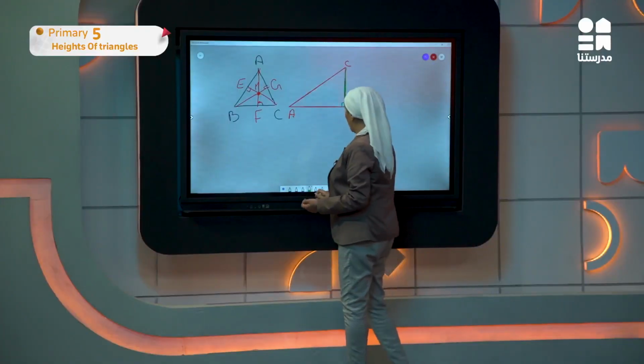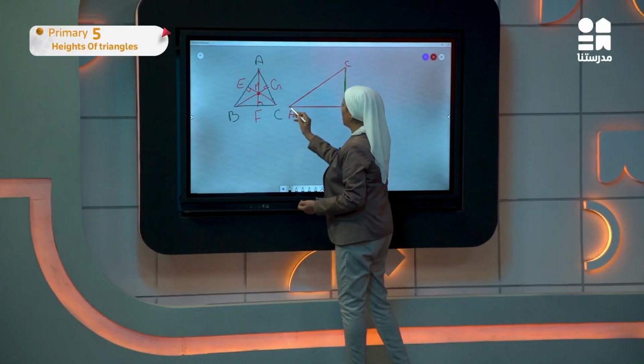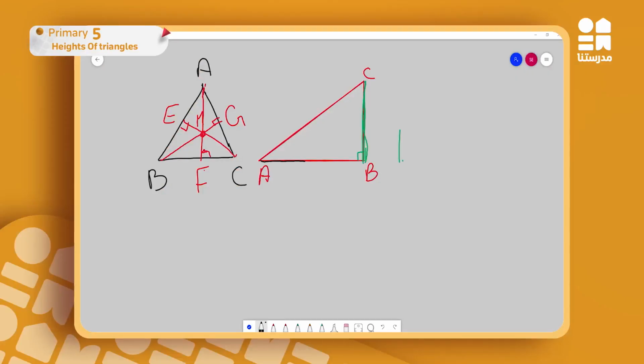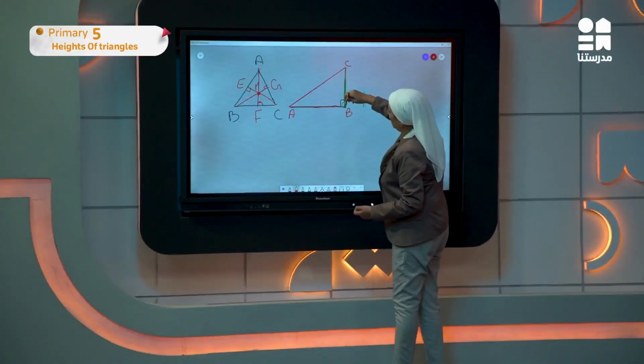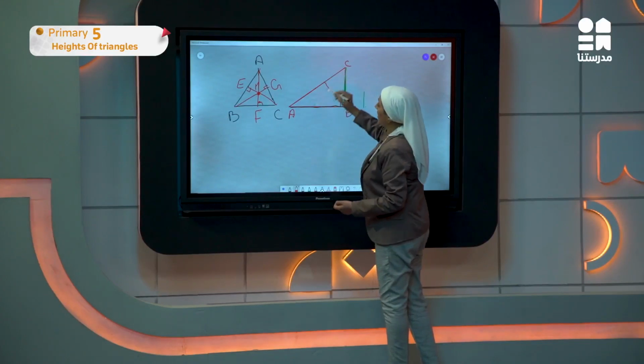Now my altitude AB, if I drop a line perpendicular from AB on the opposite base, which is CB, I will find that the side AB, which already exists also at 90 degrees, is my second altitude. What about my third altitude? My third altitude is from the vertex B on my base AC.